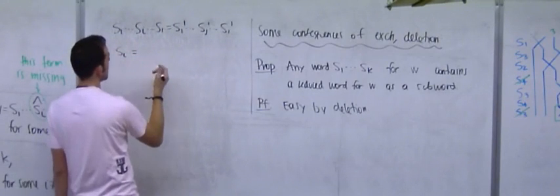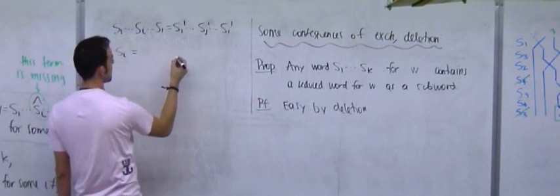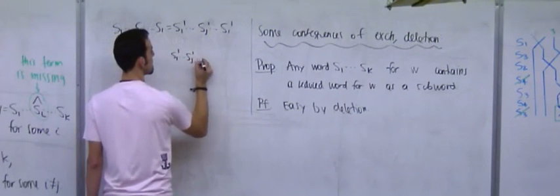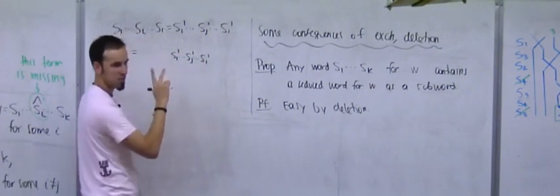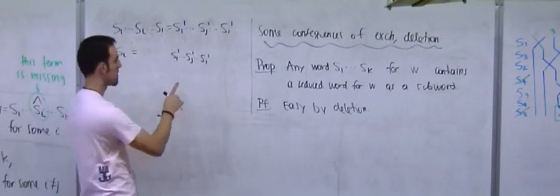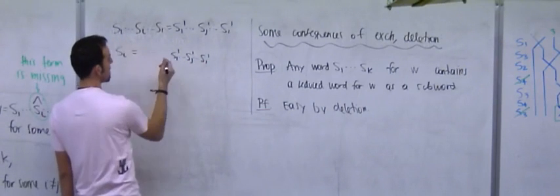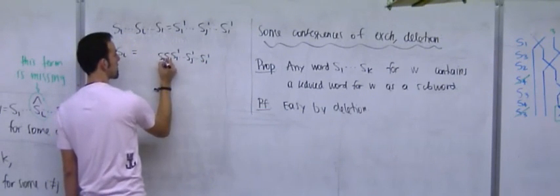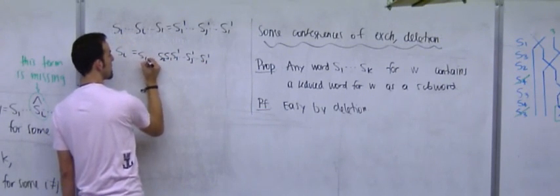Okay. So I multiply by, remember, all of these guys have order 2. They're their own inverse. So I multiply by S1 on the left, and I get rid of this one. I multiply by S2 on the left, and I get rid of this one, all the way up to Si minus 1.